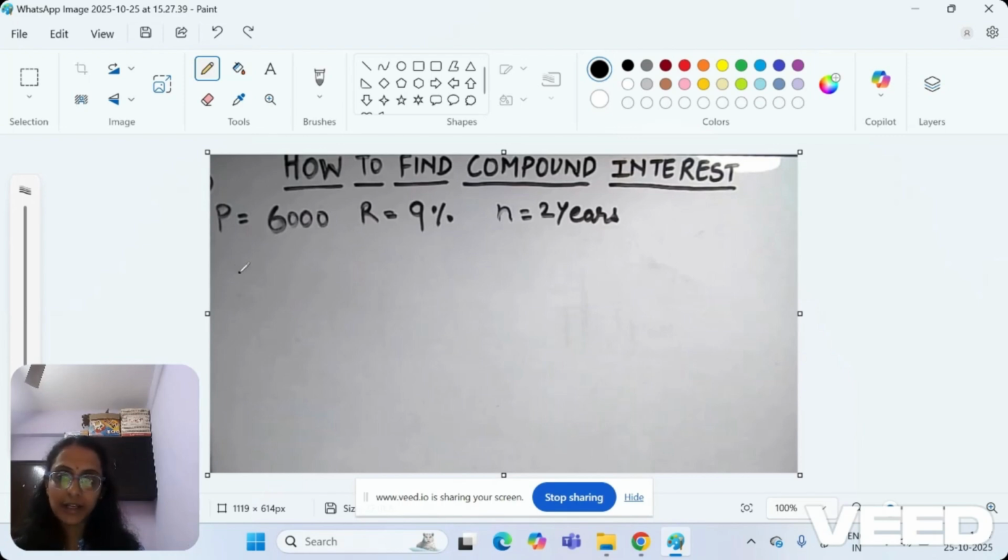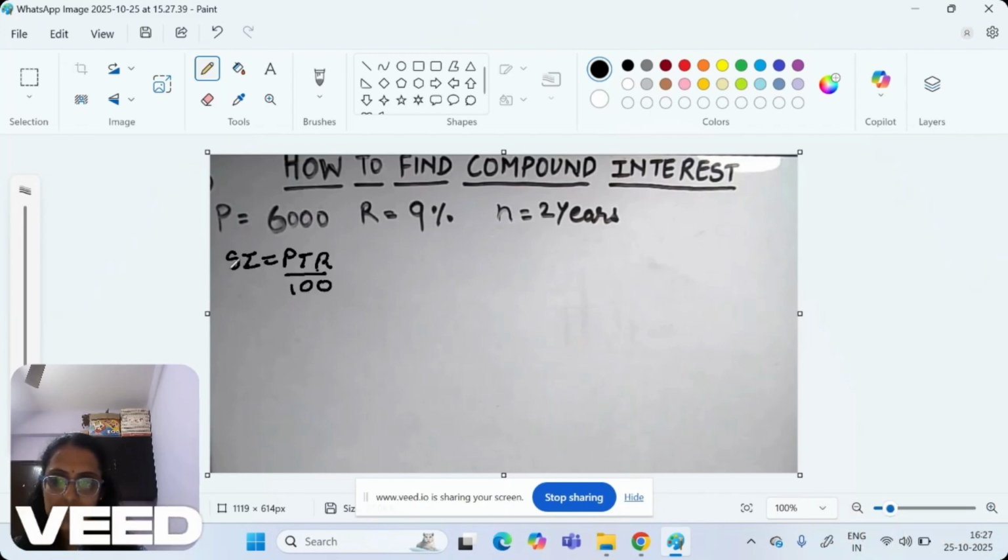Now, let us first find the simple interest. Simple interest is equal to PTR divided by 100, where P is the principal amount, T is the time duration, and R is the rate. The principal amount is 6,000. Since this is 9% per annum, that is the rate of interest for 1 year.